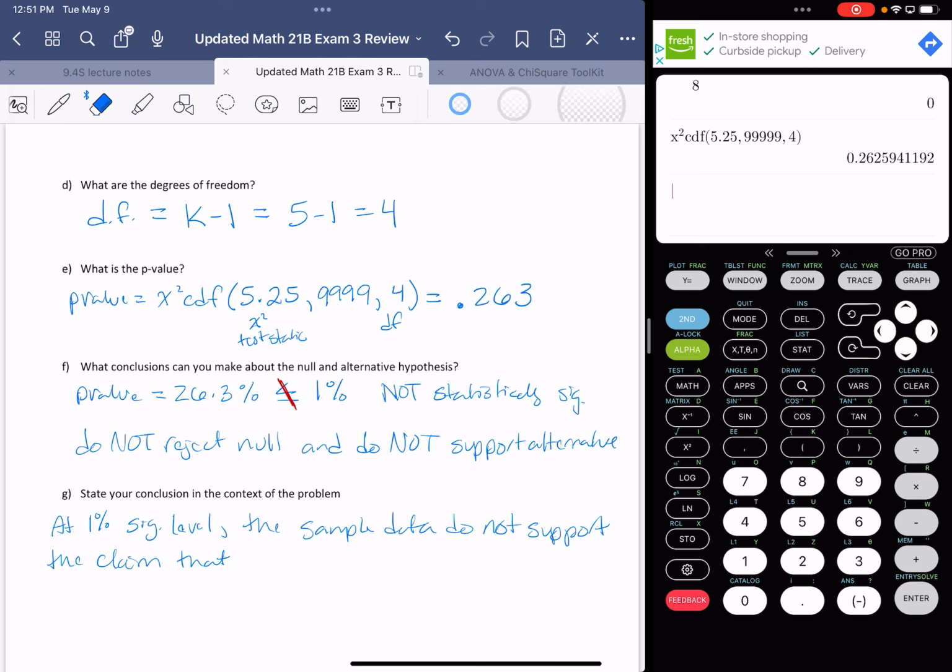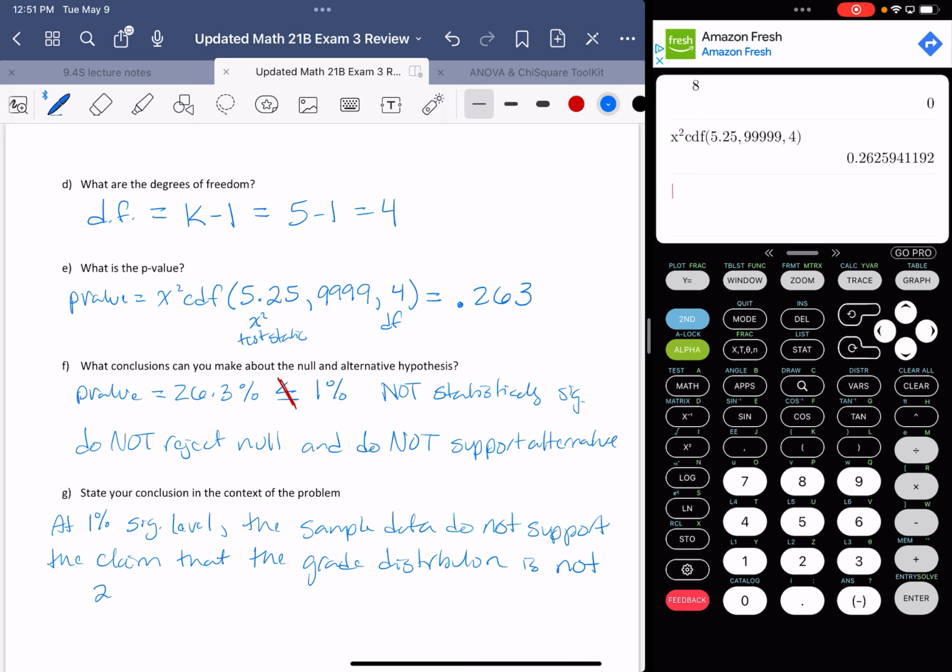So it does not support the claim that the grade distribution is not 25% A, 25% B, 40% C, 5% D, and 5% F. We were saying that one of those was wrong, right?